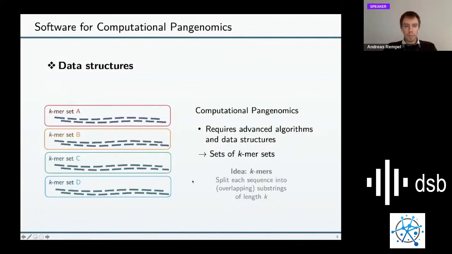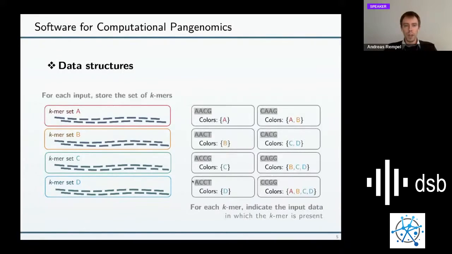And so why do we want to talk about defining a standard interface? Let's start with the motivation. Actually, let's first talk about possible representations of these k-mer sets. So the first representation you see on the left is for each of the input data sets, so genomes or experiments, it's possible to store the set of k-mers.